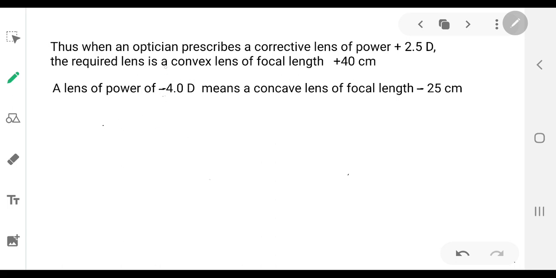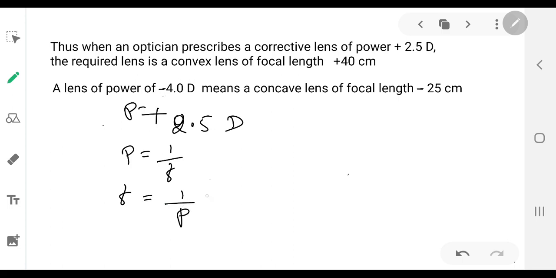So if an optician prescribes a corrective lens of power plus 2.5 dioptre, means power is equal to plus 2.5 dioptre. So power is equal to 1 upon f, which gives you f is equal to 1 upon p. So 1 upon plus 2.5 gives you 0.4 meter.